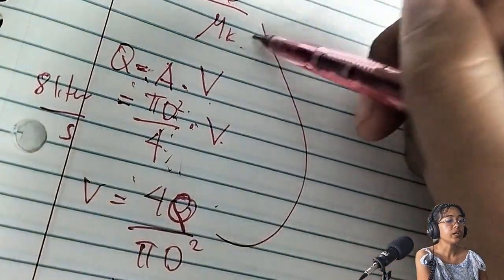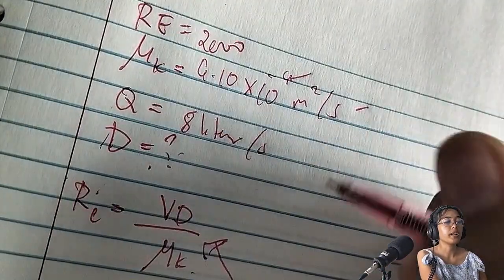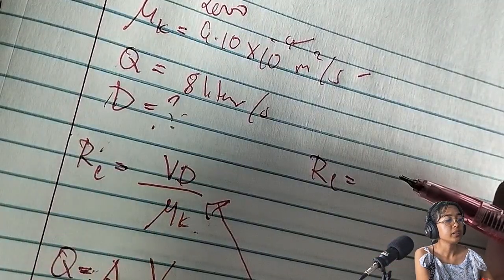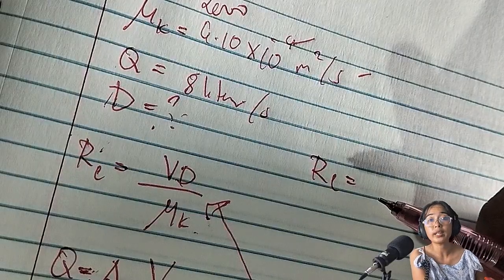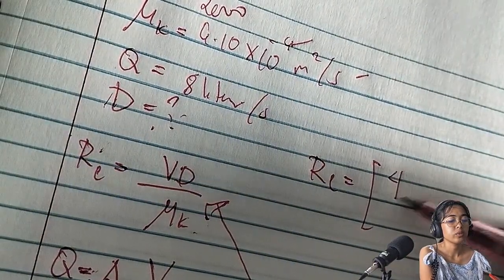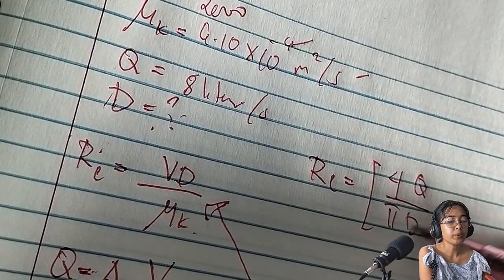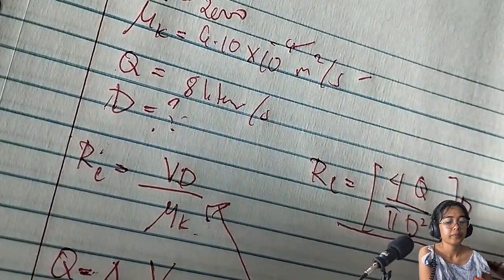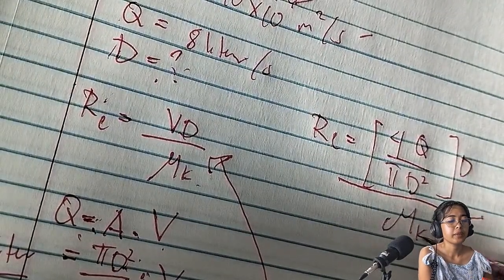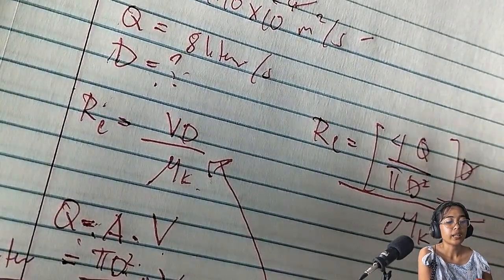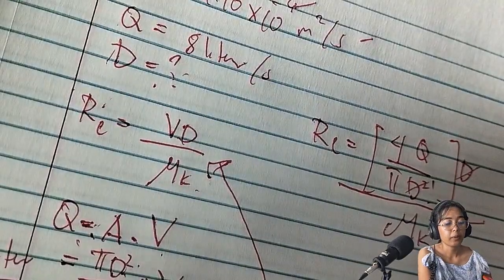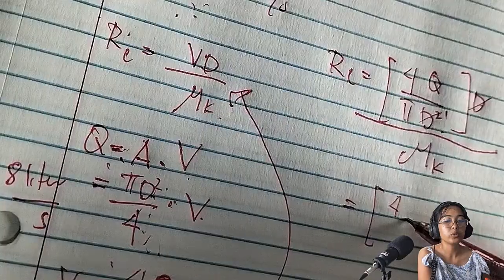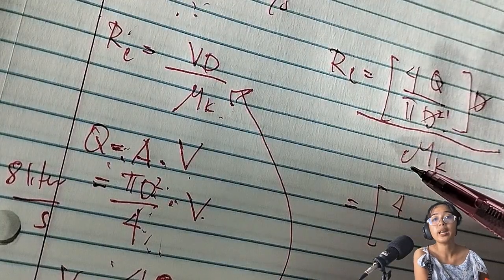So, we will input this into our main formula. RE is equal to V. Since we do not have V, we use the one from the volume flow rate. So, 4Q over pi D squared, times D, divided by the kinematic viscosity. The D cancels, since it is the same, so one D remains. Then we input 4 times Q, which is 8 liters per second.